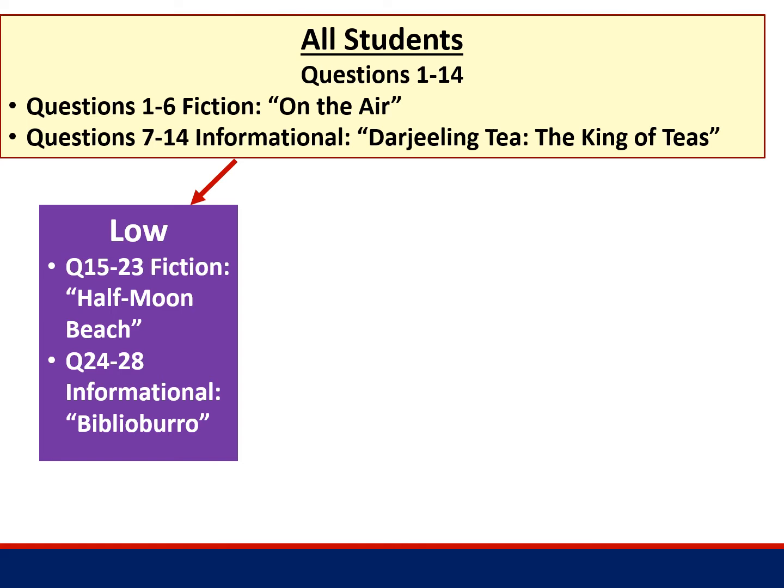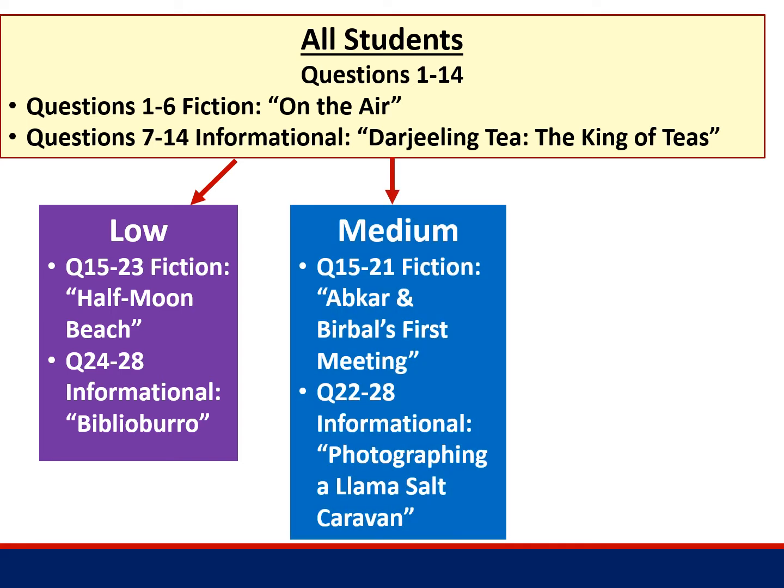If, however, after the first 14 questions, students were routed into a medium route, this is what they got. For questions 15 through 21, they got a fiction piece titled Apgar and Birdball's First Meeting, and then they got an informational piece for questions 23 to 28 titled Photographing a Llama Salt Caravan.